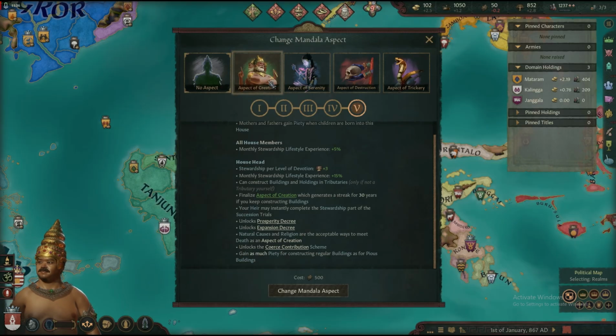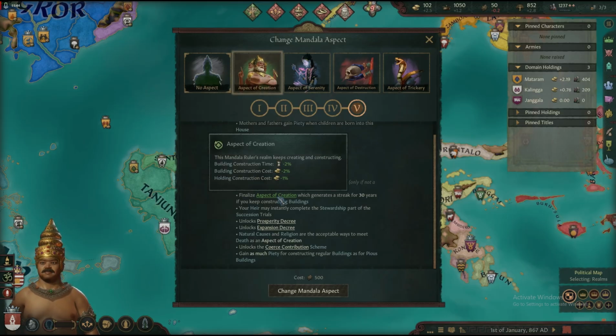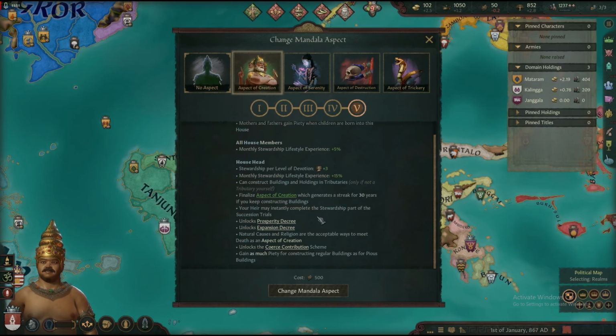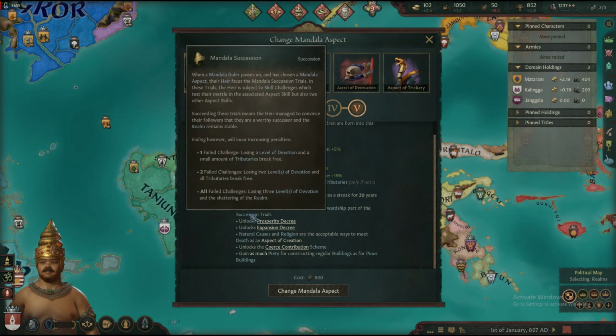And also, if you look at the top tier rank, aspect of creation bonus, which is a streak for 30 years of construction. It starts at 10, goes up to 30. Your heir may instantly complete the stewardship part of the succession trials. That's right, I forgot about that.